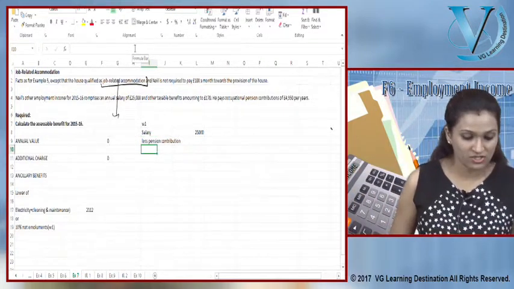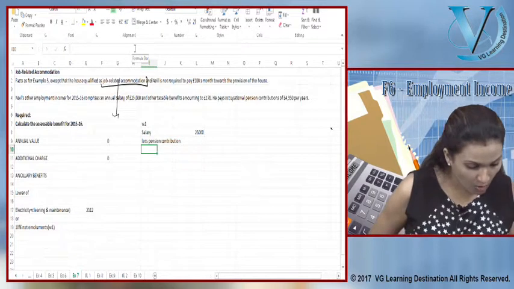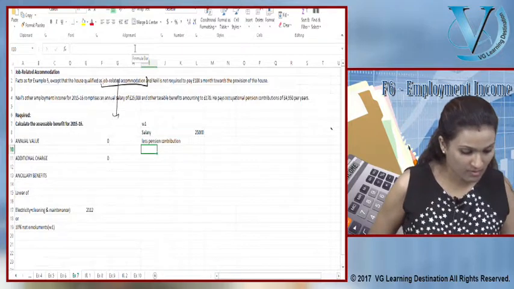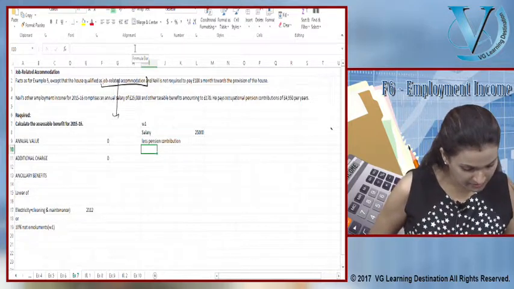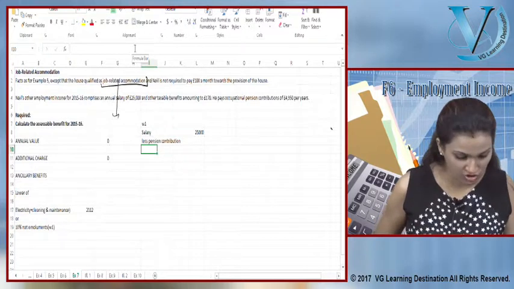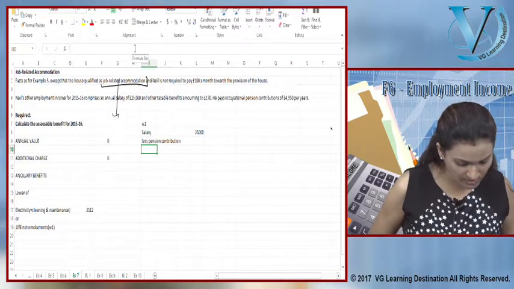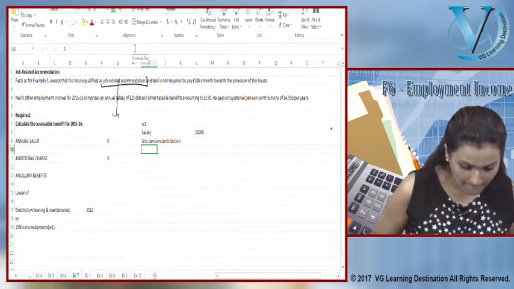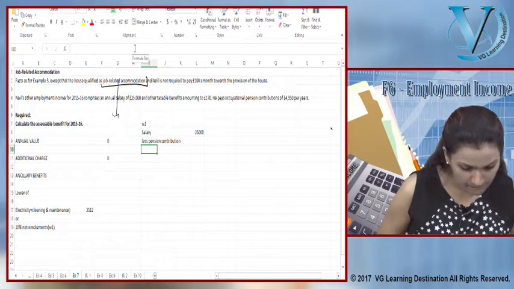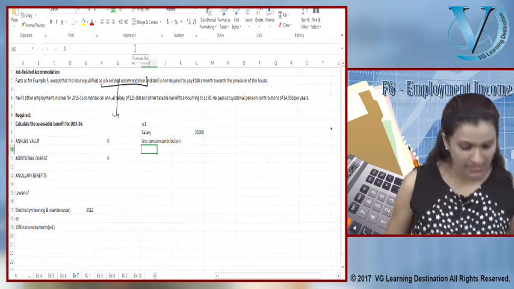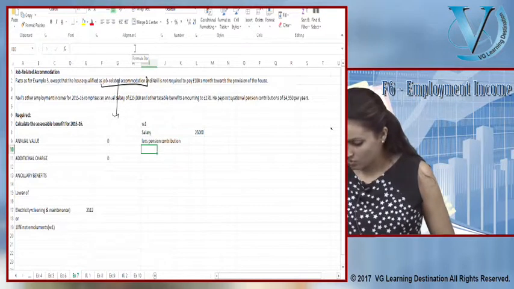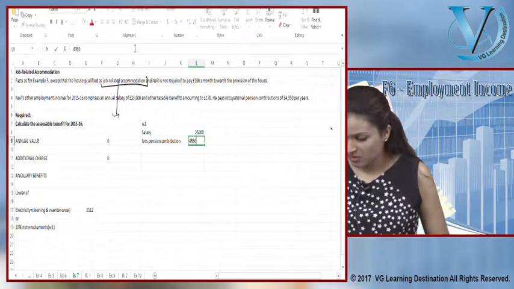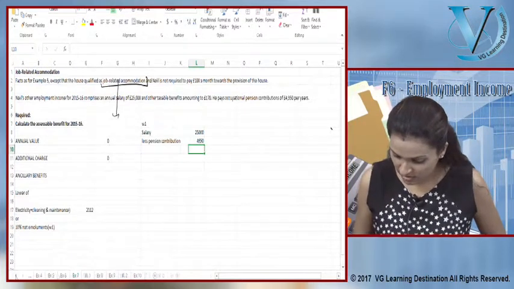Let's get back to the question. Now pension contribution is given to us in the question as how much? Let me open up the question. Right, pension is 4950. 4950 is the amount of pension.